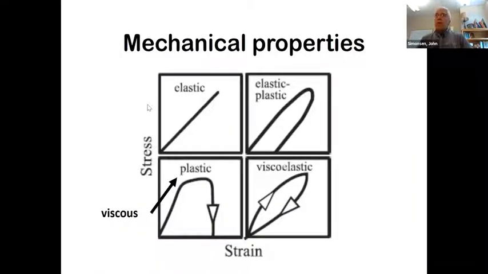Now, polymers also have various kinds of mechanical properties, and there's these 4 different kinds, right? You can have viscous, viscoelastic, elastic, plastic, and most of them are elastic plastic. So when you stretch them, they will rebound a little bit. And let me stop sharing here.